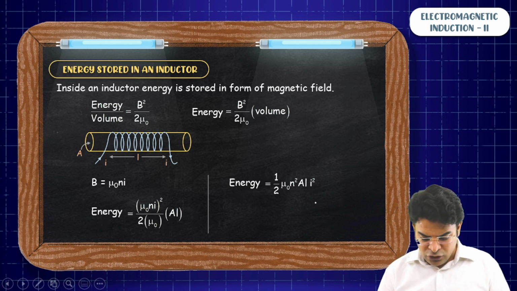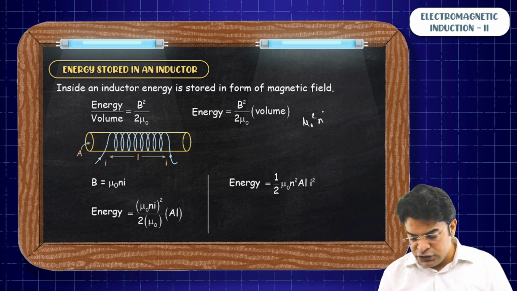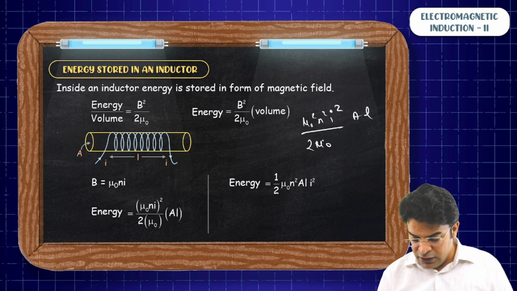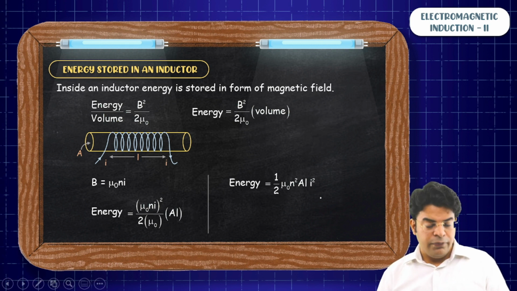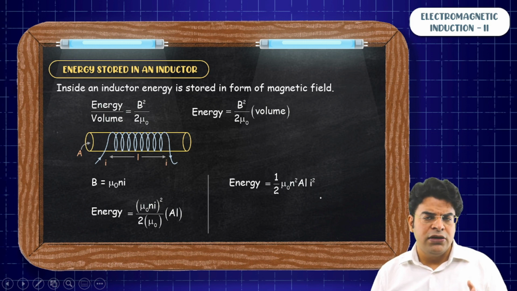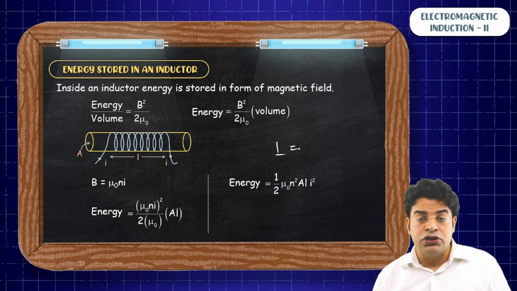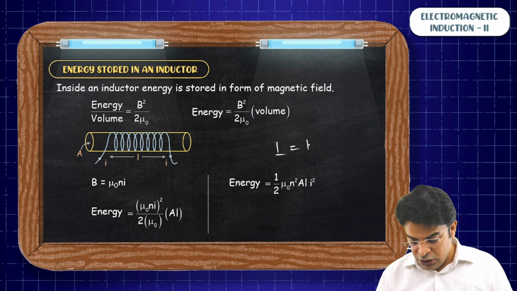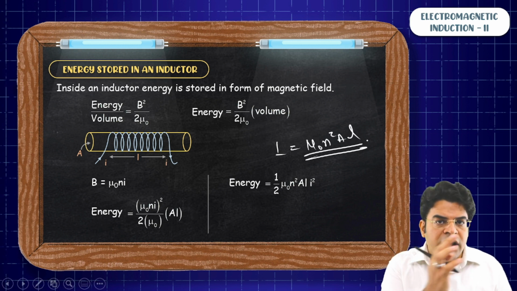Open it up and solve it. You will get mu naught square n square i square upon 2 mu naught times A L. So one mu naught will get cancelled with one mu naught. So you will get half into mu naught into n square into A L into i square. We have just done that: the self-inductance of the solenoid is given by mu naught n square A L. This is one of the formulations we have just learned.